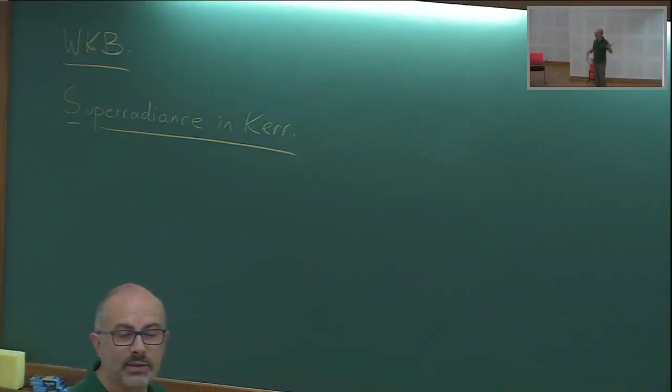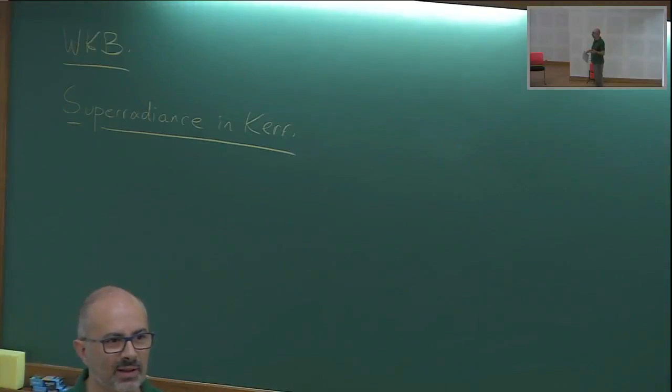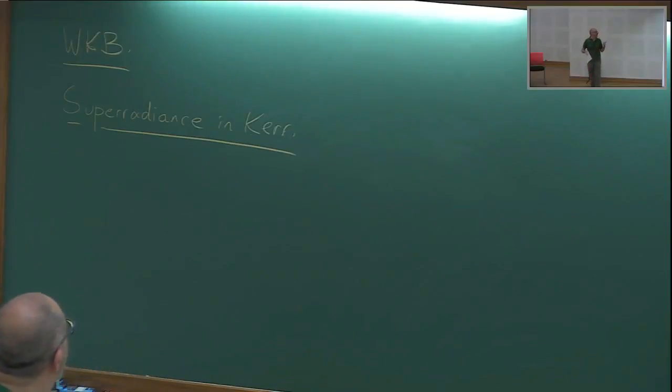I'll do this using as a prototype the case of scalar perturbations, because they're much easier to deal with. I can write down a simple Mathematica notebook and show you how it works relatively easily. But this phenomenon happens for all bosonic fields in a rotating black hole background.